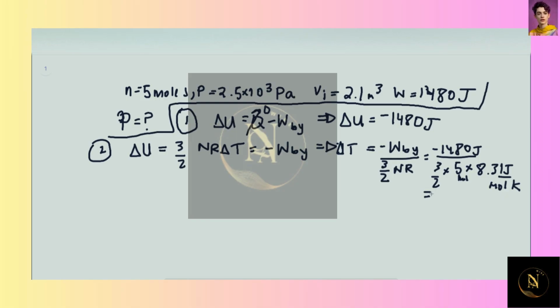If you plug that into a calculator, you should get minus 22 Kelvin. Okay, so now at least we know the change in temperature, so we're one step closer to getting the pressure.